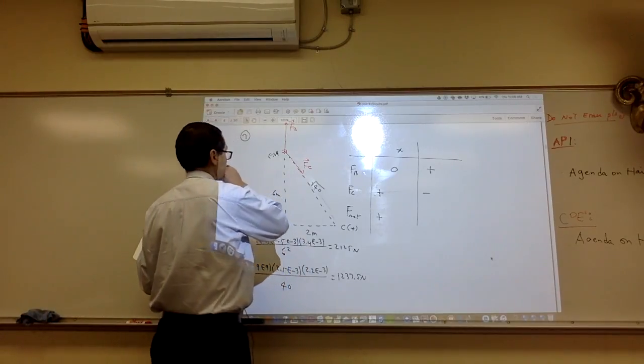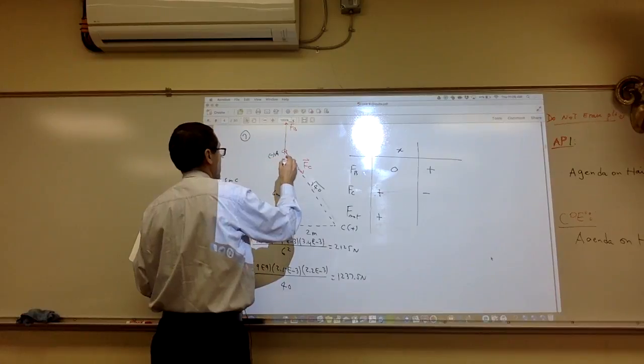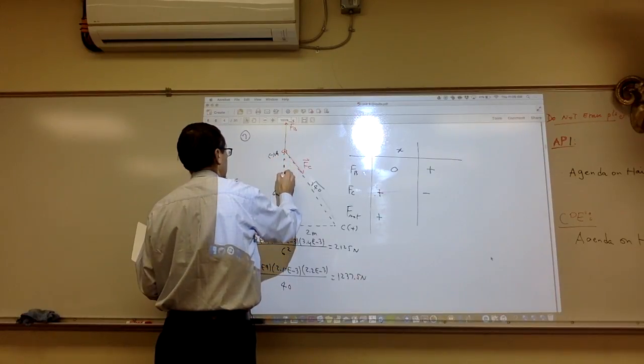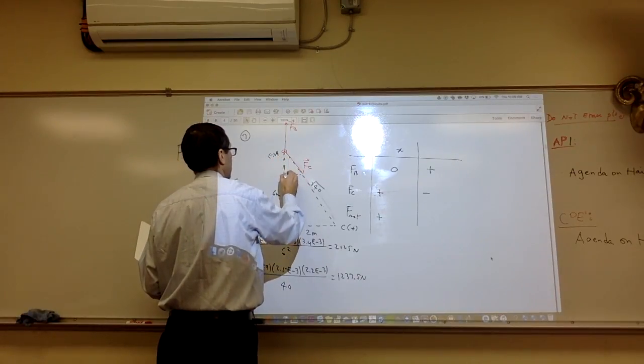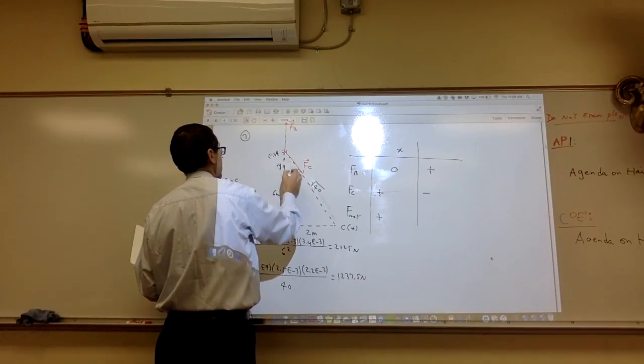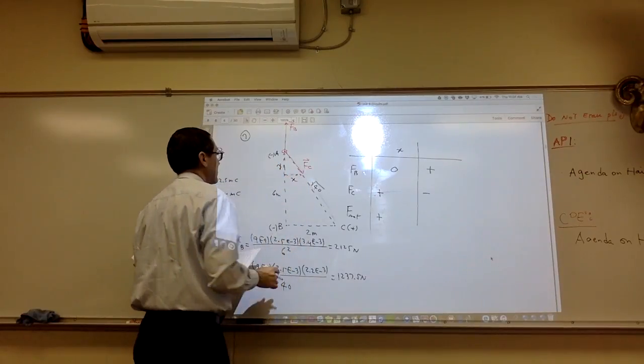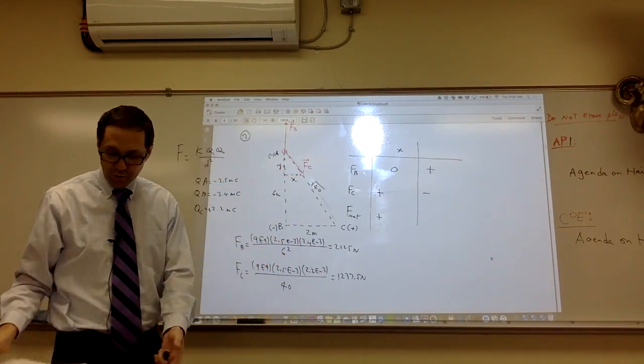All right, so let's try this. So I'm going to make the triangle for FC here. Okay, so this is the Y component of FC, and this is the X component.